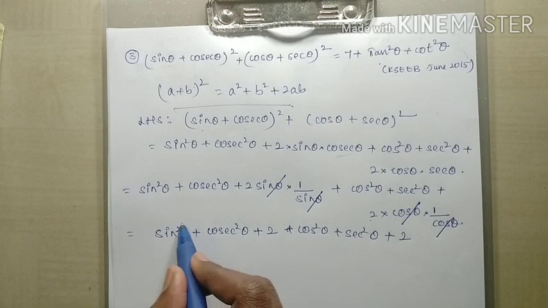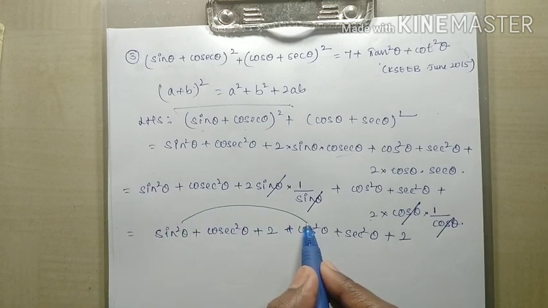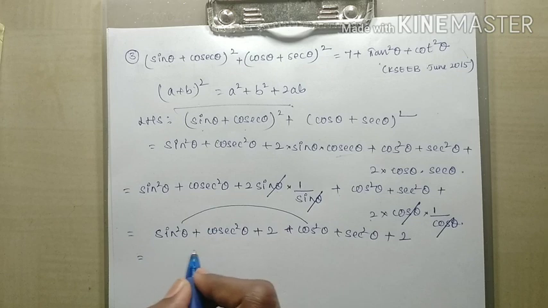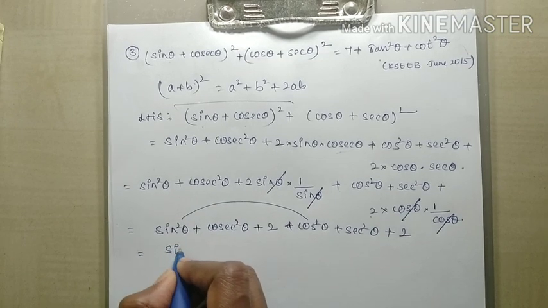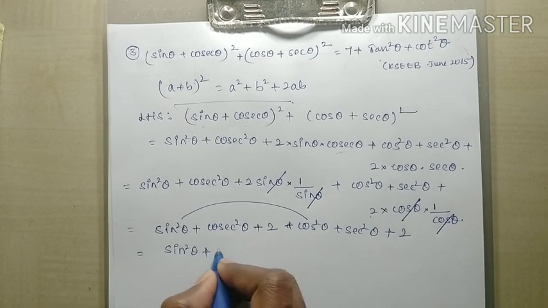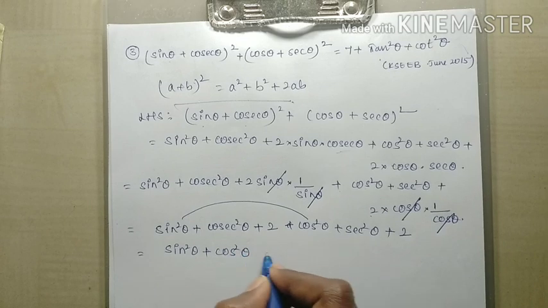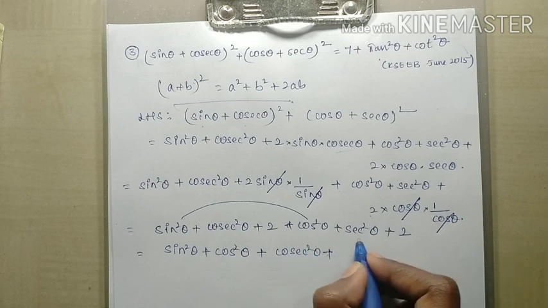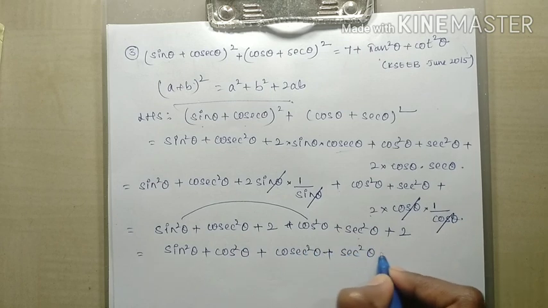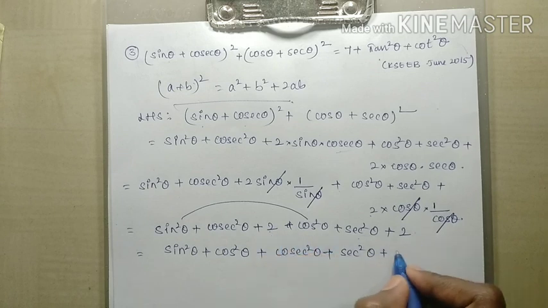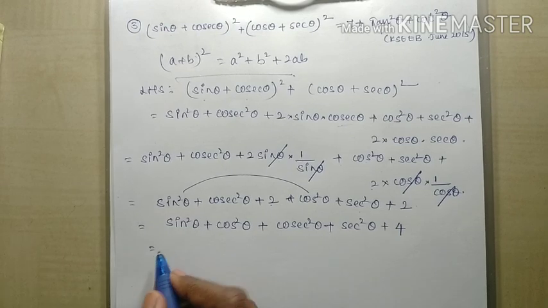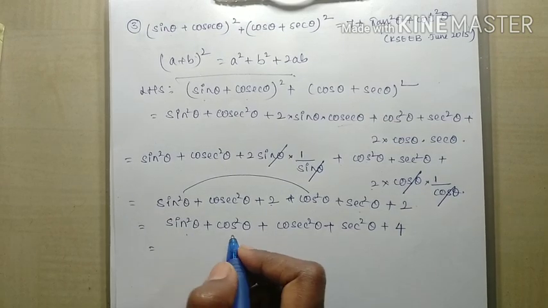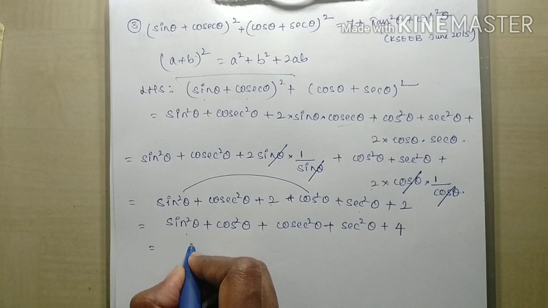So now sin square theta plus cos square theta I will write together, that is sin square theta plus cos square theta, and remaining is cosecant square theta plus secant square theta plus this 2 plus 2 is a 4.